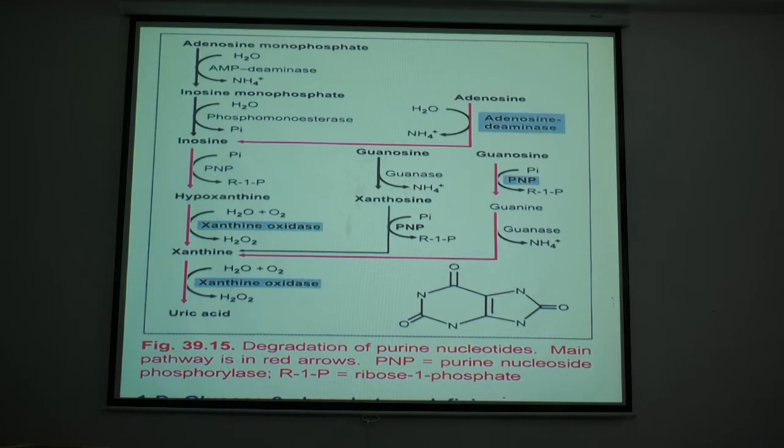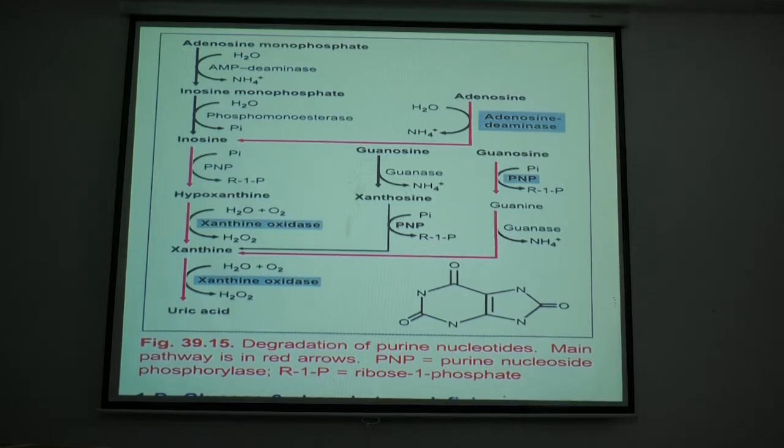Other reactions: from adenosine, by the help of the enzyme adenosine deaminase, it forms inosine, then inosine to hypoxanthine, again hypoxanthine to xanthine, and uric acid synthesis occurs.